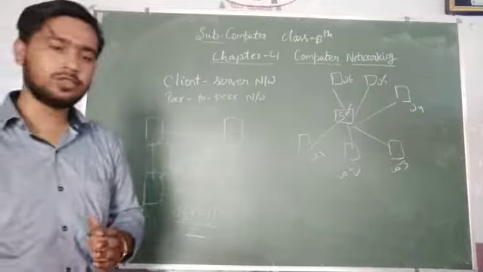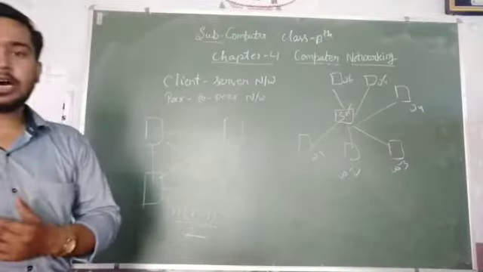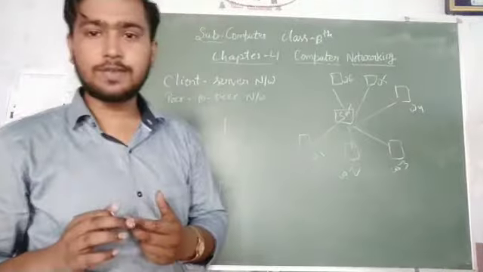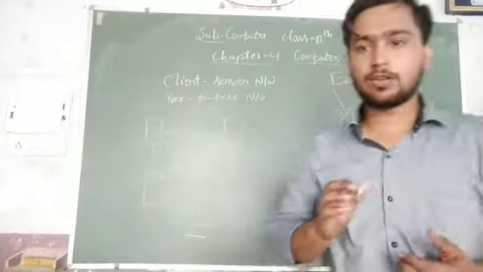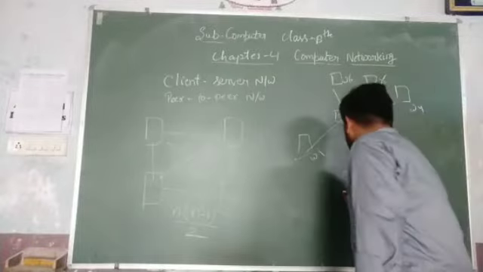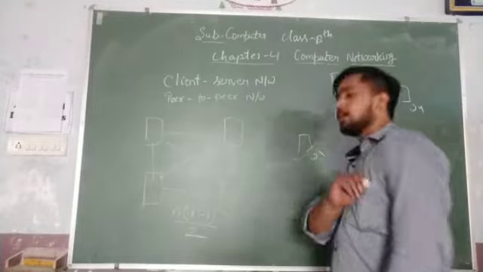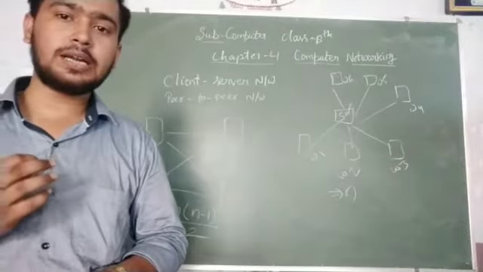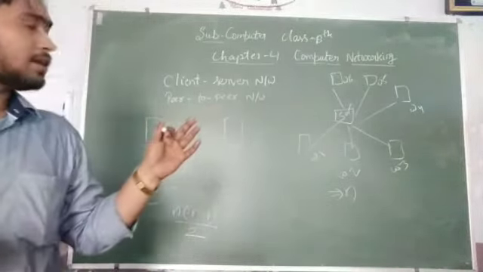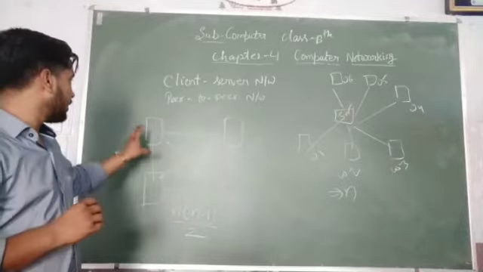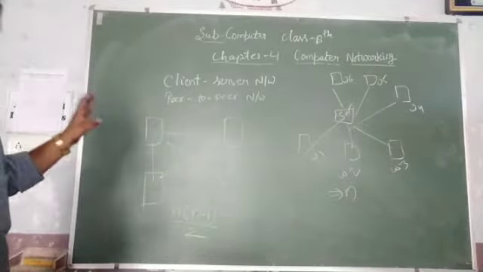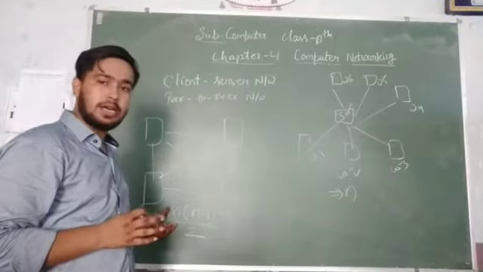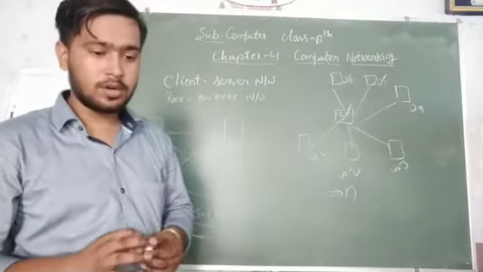In the client-server network, if there are total n nodes, the connection lines used are n, equal to the number of nodes. But in the peer-to-peer network, all the nodes are interconnected with other nodes, so the connection lines used are n into n minus 1 upon 2.